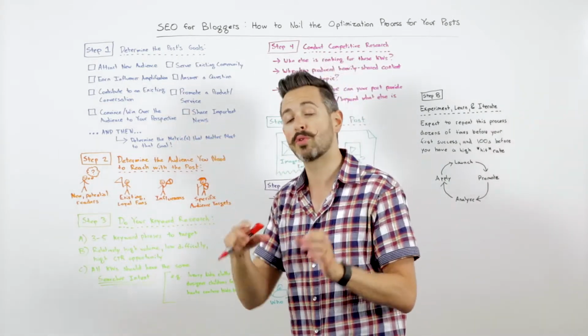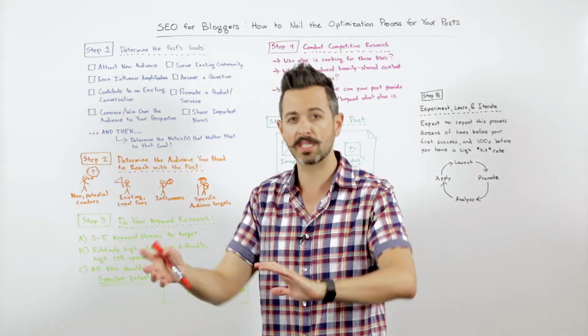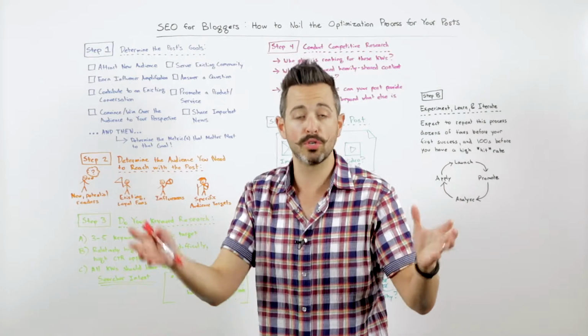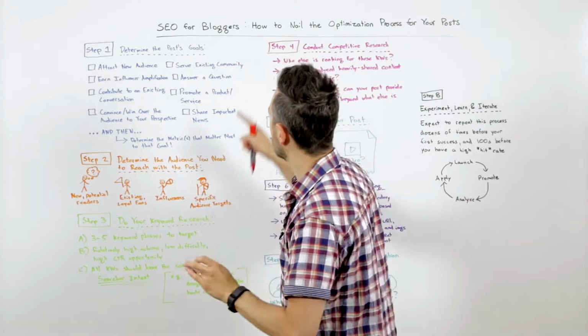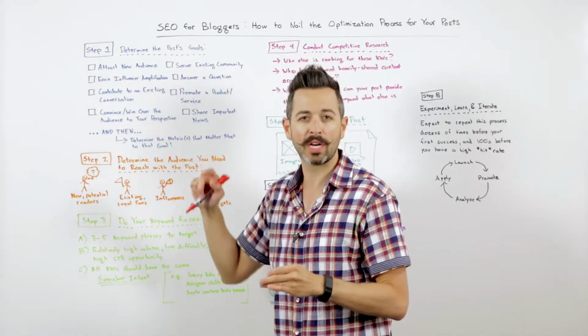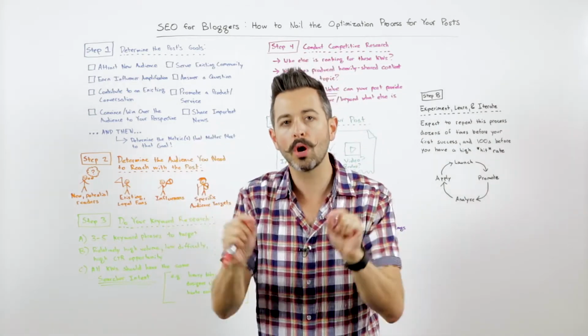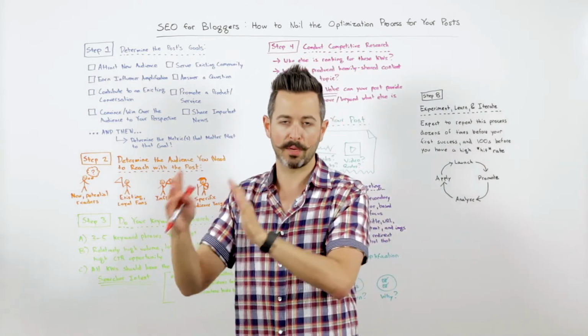Maybe I'm contributing to a conversation that already exists out in the blogosphere or the social media world or the news world in your space. Maybe I want to answer a question or earn influence or amplification. Whatever it is, make sure you know what it is before you go into the post.